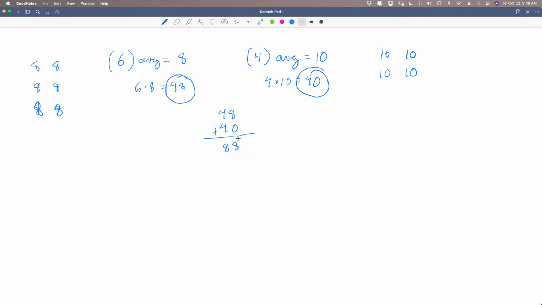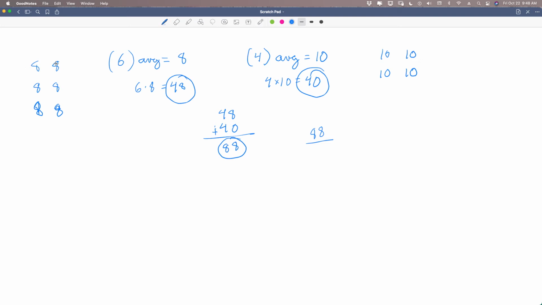So now that we have 88, now we need to divide this number, 88, by the total number. I was about to do long division for a second. We need to divide 88 by the total number of numbers. So we have 6 here, and we have 4 here. That's 10. 6 plus 4 is 10.